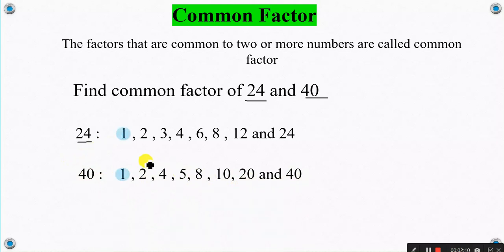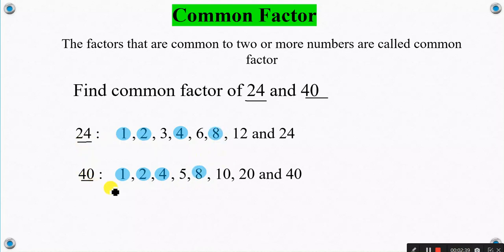As we see, 1 is a common factor for 24 and 40. Again, 2 is a common factor for 24 and 40. And again, 4 is a common factor for both 24 and 40. Again, 8 is a common factor for both.